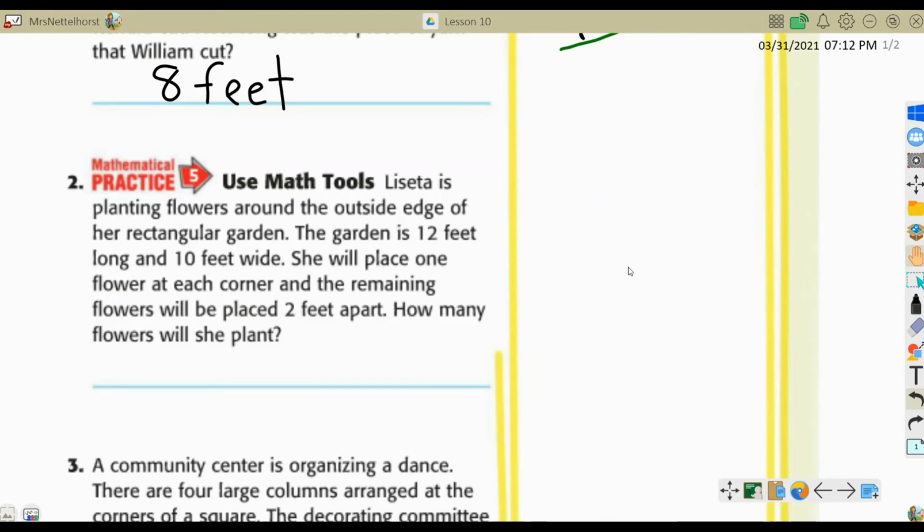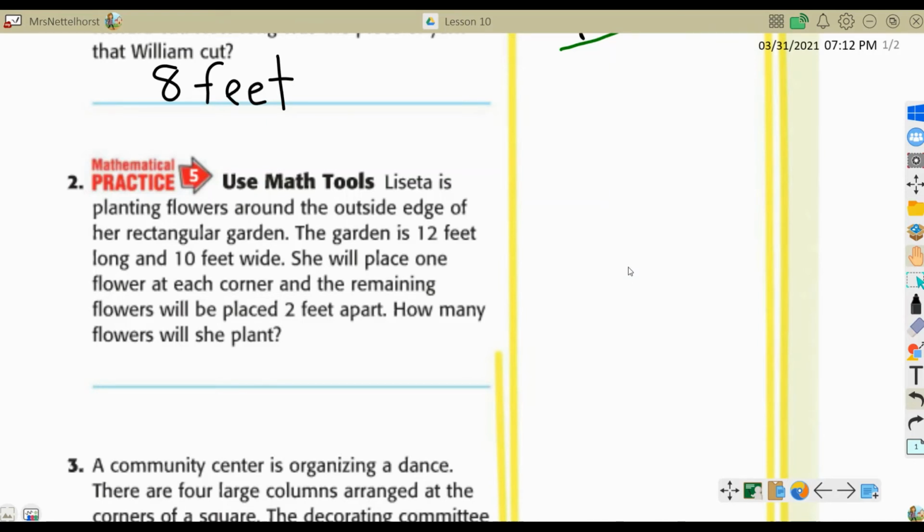She will place one flower at each corner, and the remaining flowers will be placed 2 feet apart. Okay, so her garden has two sides that are 12 feet and two sides that are 10 feet. At each corner she'll have a flower, and then every 2 feet she's going to place another flower.